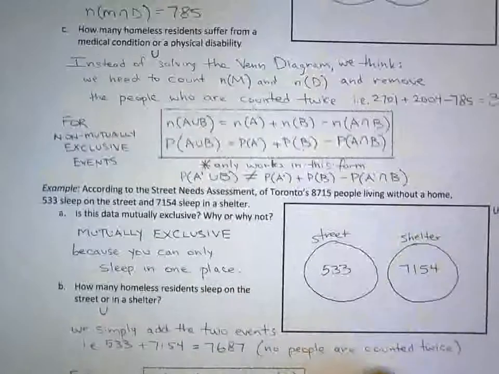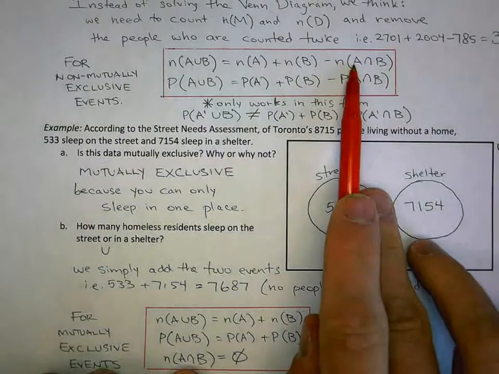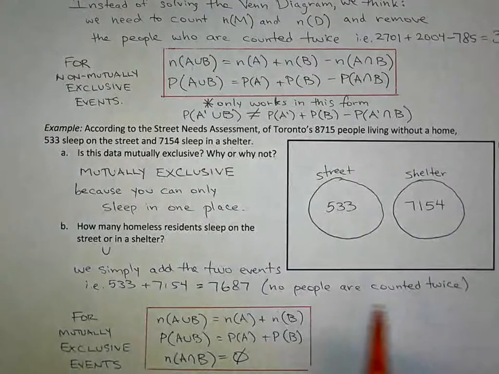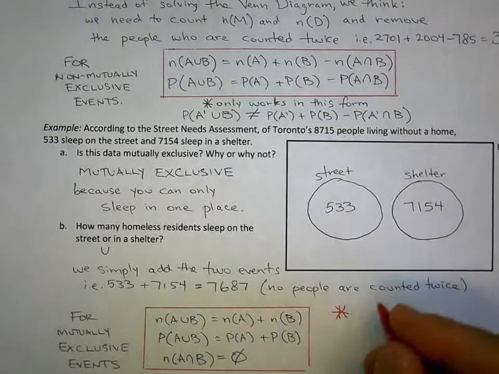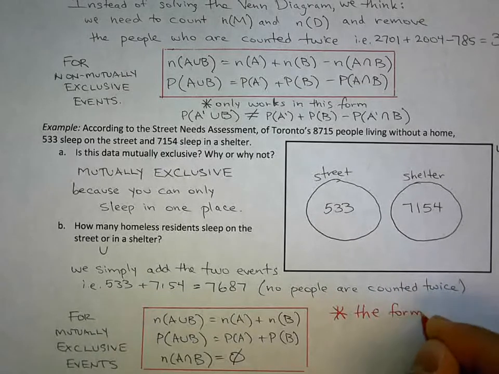If you look, this is essentially the addition rule, but the subtraction of the intersection doesn't happen because there is no intersection. So one key point here, and we're going to get into this at the end of the lesson, if you ever want to prove that something is mutually exclusive, you can use the formulas on this page.